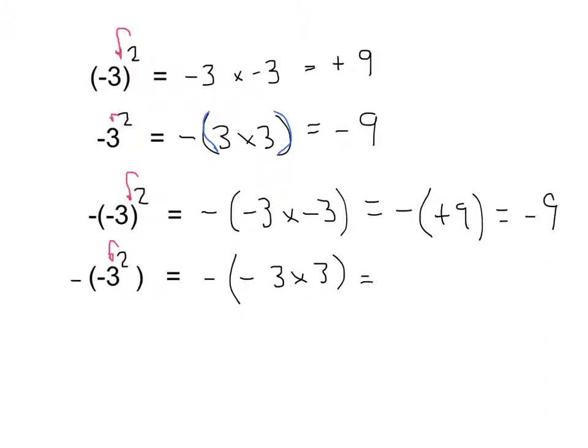So this is actually the opposite of 9, and the opposite of 9 is -9. So there are 4 examples of how to interpret these parentheses. And now on the next slide we'll do an example with a couple of things that are similar to this built into it.